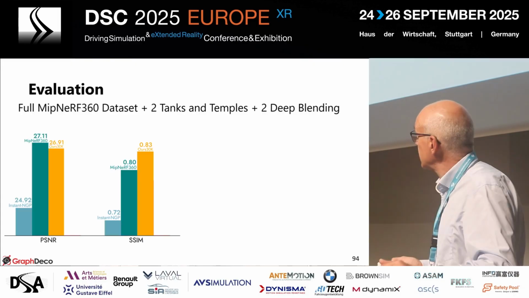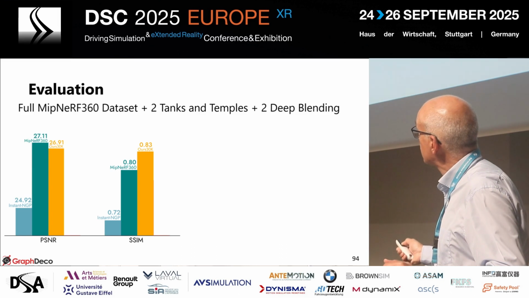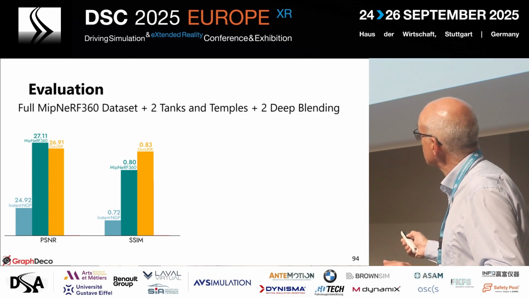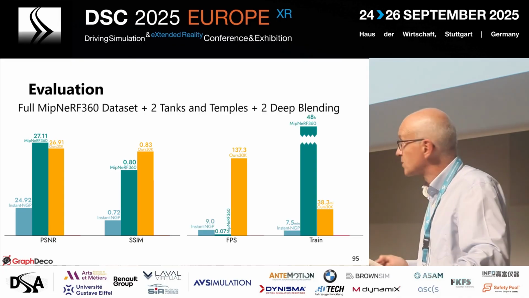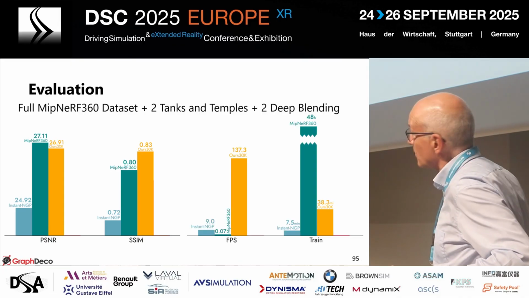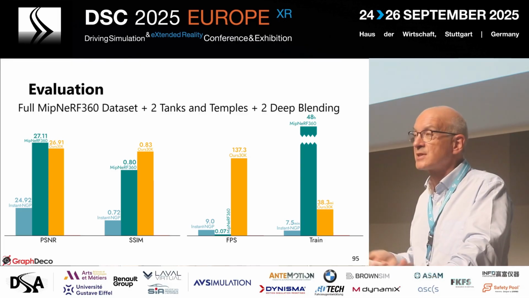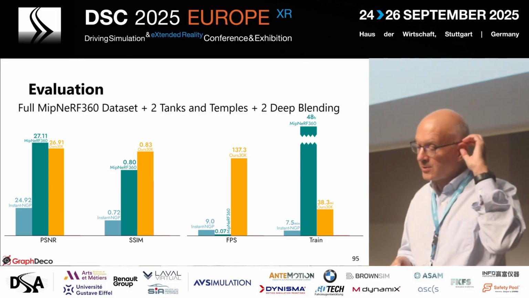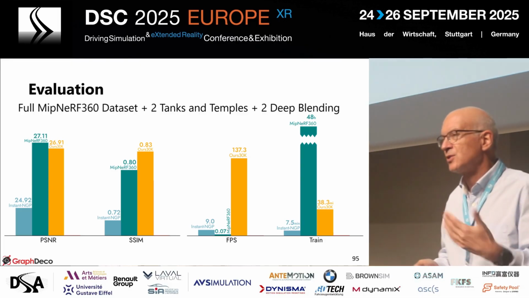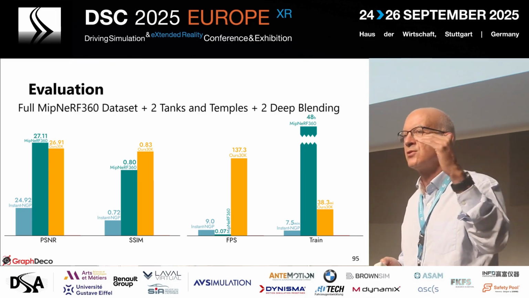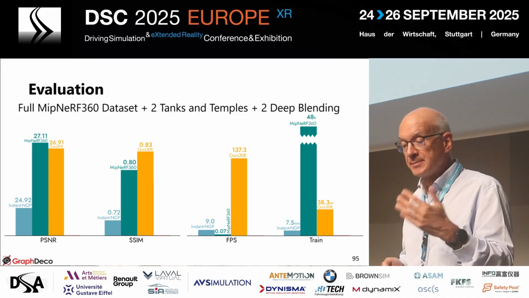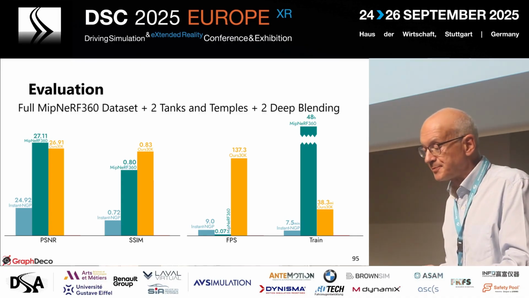The results were great. Compared to MIP-NERF 360, we have essentially almost the same PSNR and even better perceptual quality. And most importantly, to get that quality, MIP-NERF required 48 hours, and we're at 40 minutes. But we can see that instant NGP does optimize in 8 minutes, and it turns out that's the plateau. Even if you continue optimizing with instant NGP, it still doesn't get any better.